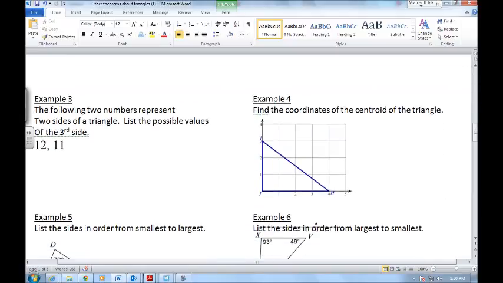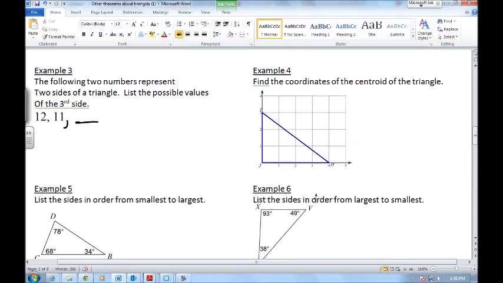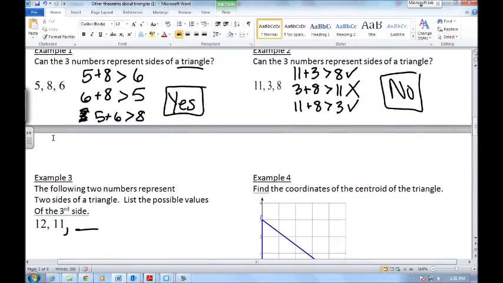Same theorem still. The following two numbers represent two sides of the triangle. Okay, it says list possible values for the third side. I would first actually like us to find the shortest side that would make this a triangle. So think of combos of numbers just like we did up here.